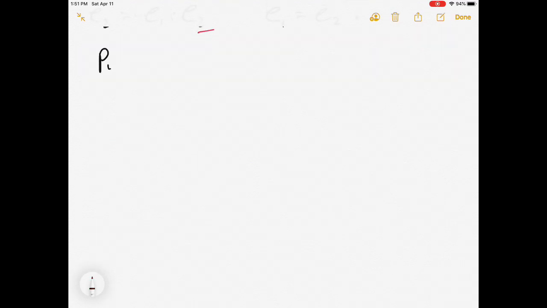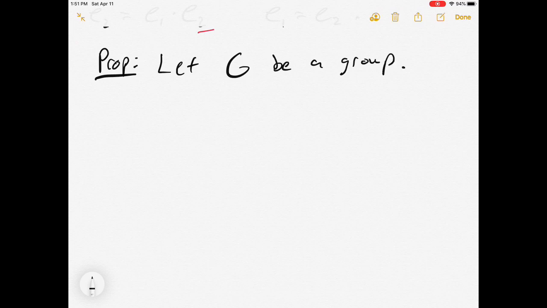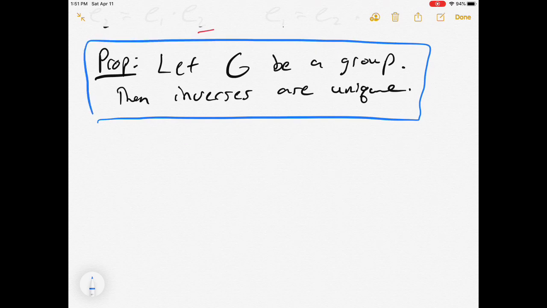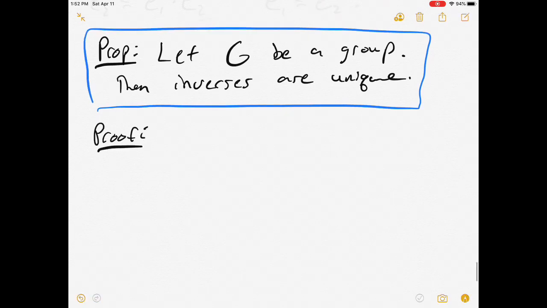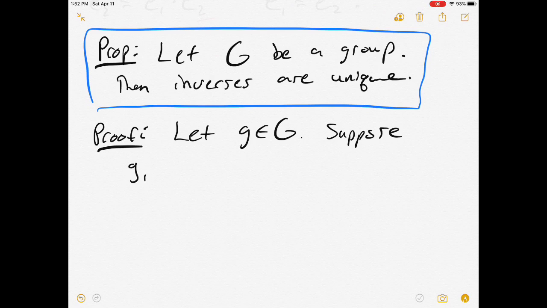Here's one more proposition. Let G be a group. Then inverses are unique. Here's the proof. Let g be an element of G. Suppose that g1 and g2 are inverses of g.